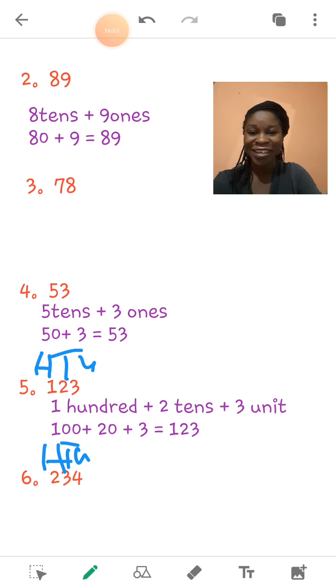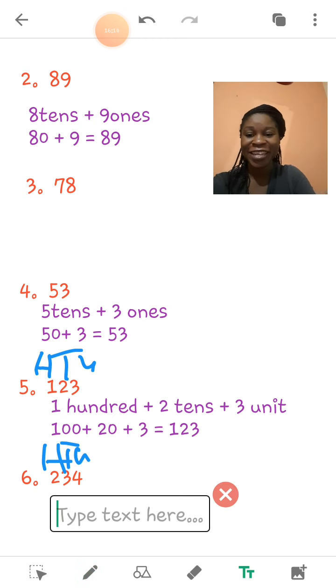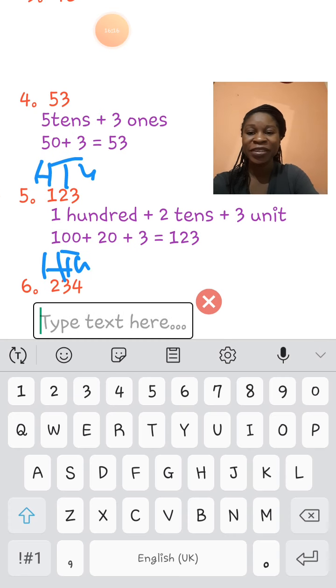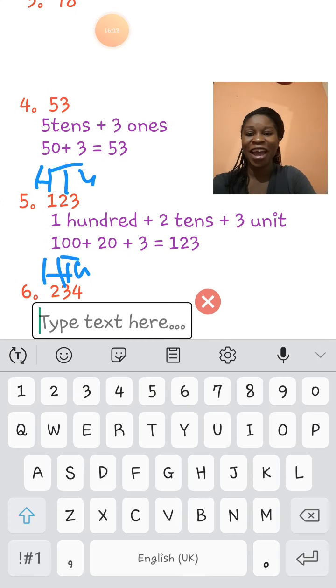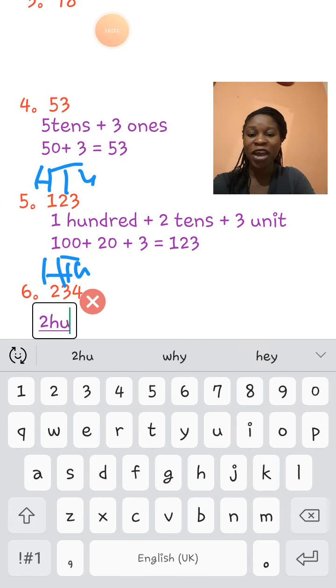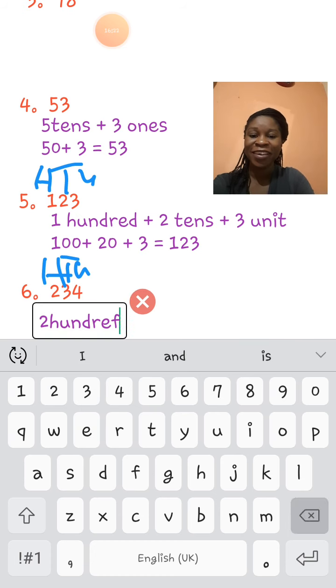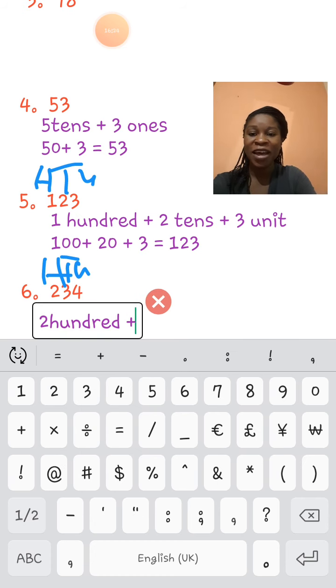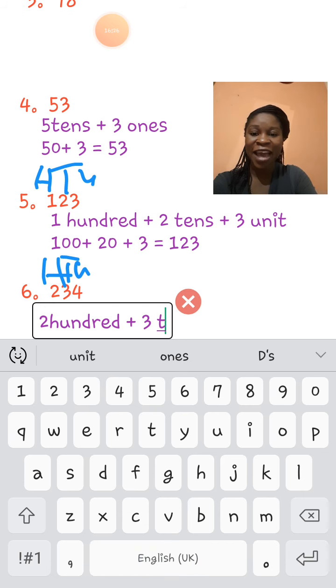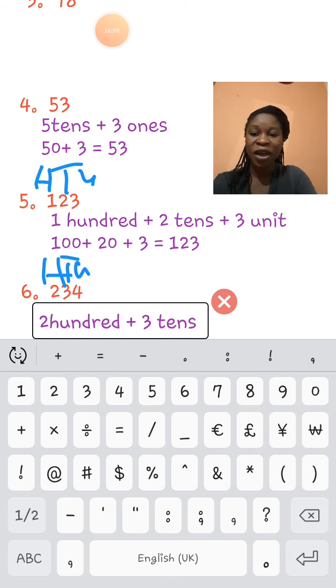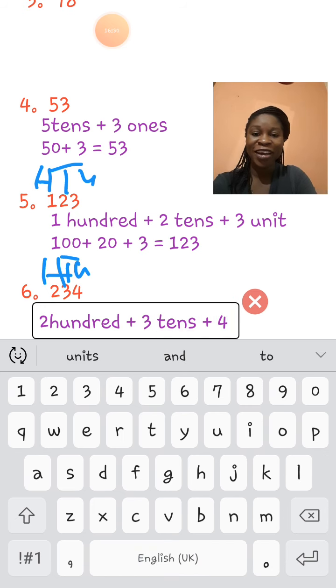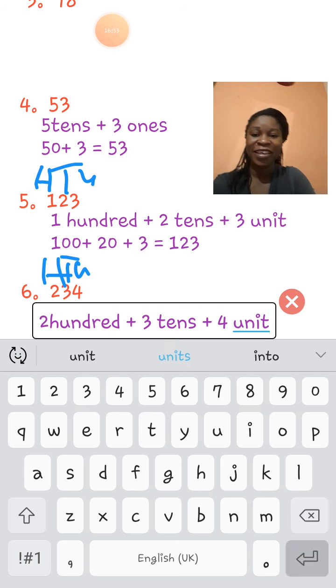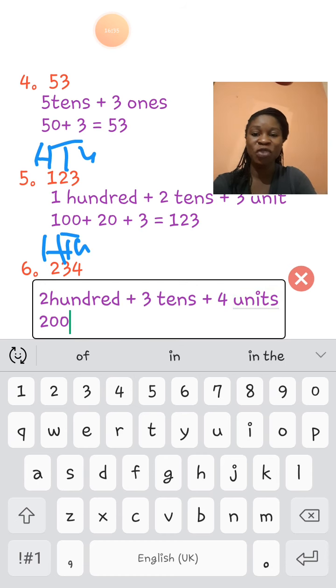Hold on, Miss Bola. And then I bring up my keyboard again, and I go. No mistake this time. So it becomes 200 plus 3 tens plus 4 units.